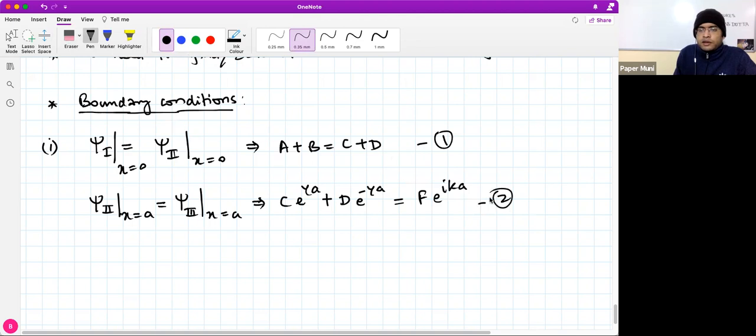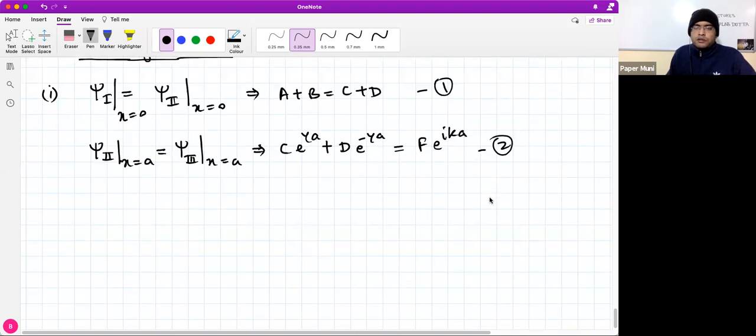This is the second equation. Now it's not required for us to label them, as we are not solving them completely.